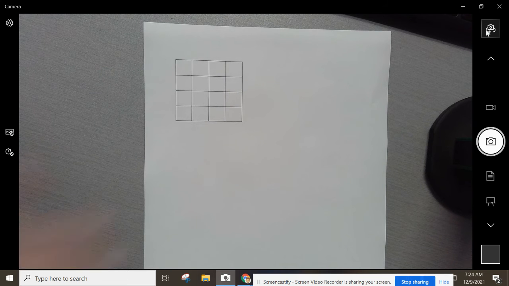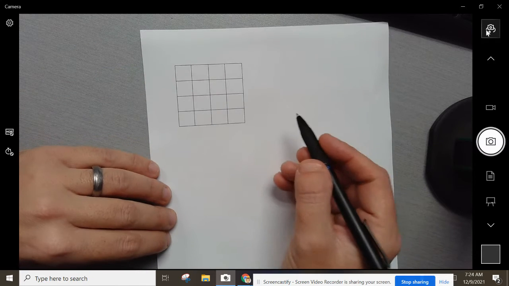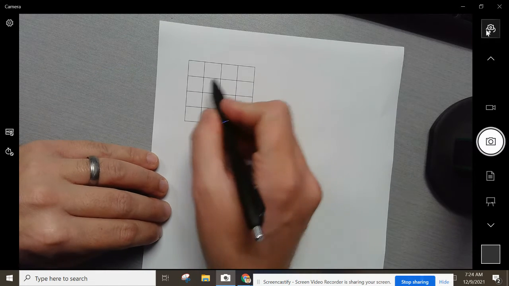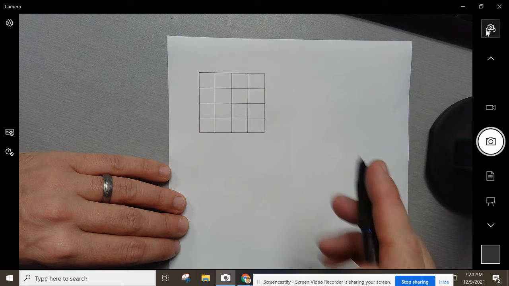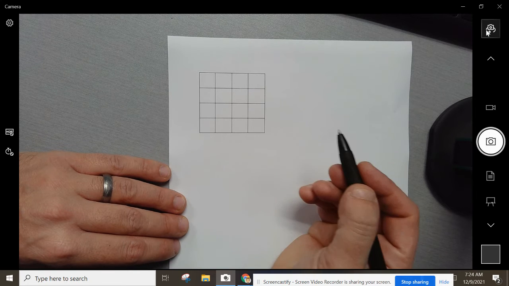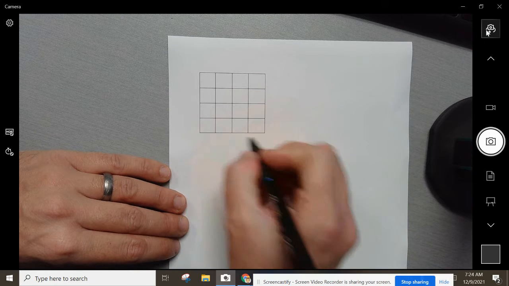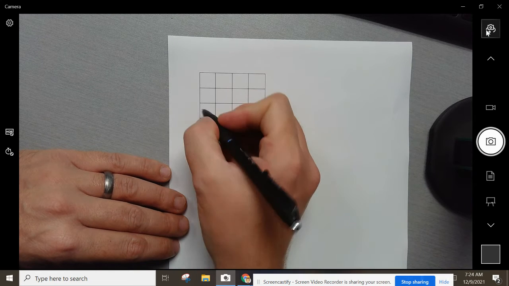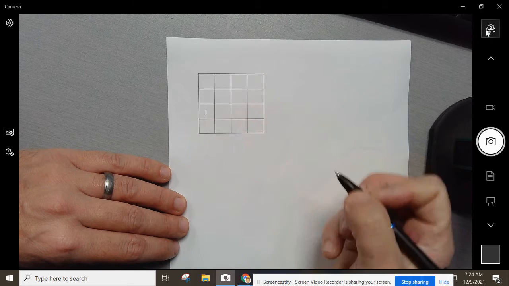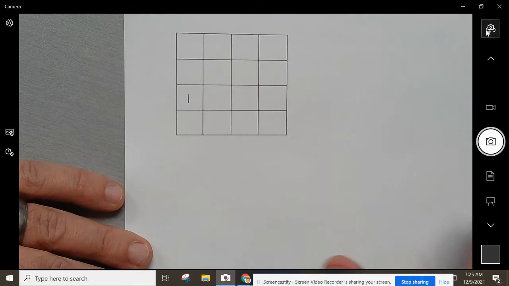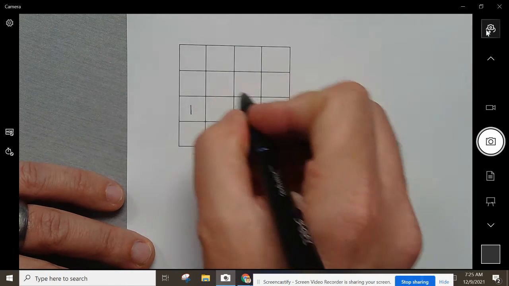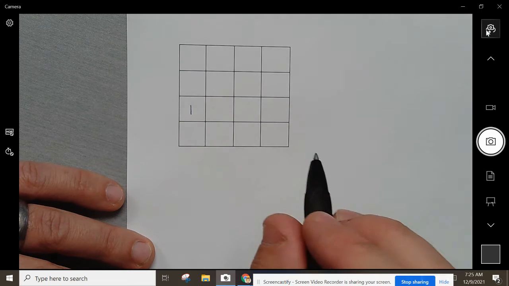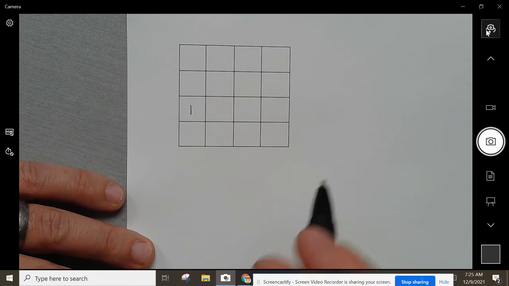So when you take your pencil or pen, I don't care what your writing utensil is. I want you to start filling in these boxes, 1 through 16. We've done this before, but just pick anywhere on the box, anywhere you want, and put a 1. It can be your own order. Then just go in order, jumping around wherever you want to put these numbers, but you cannot use the same number twice.